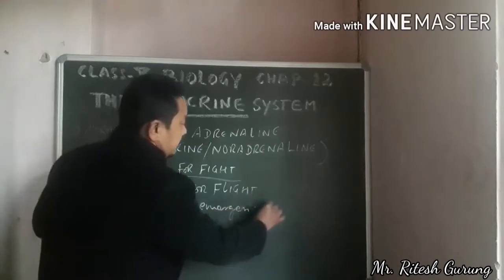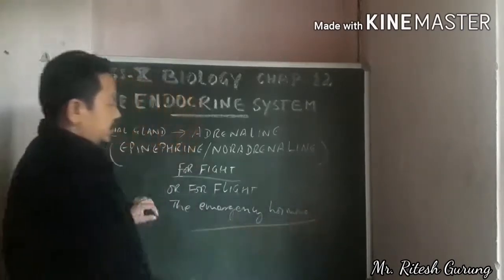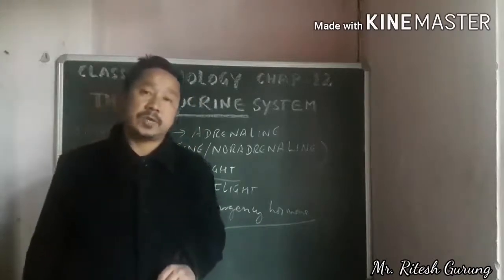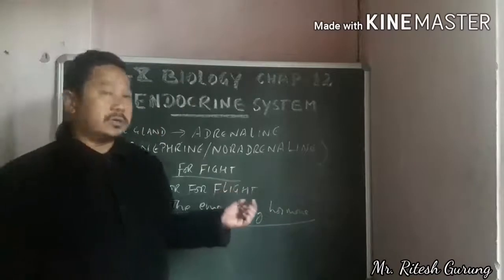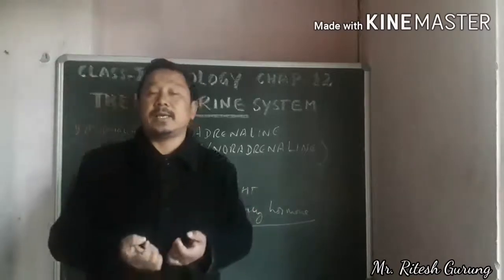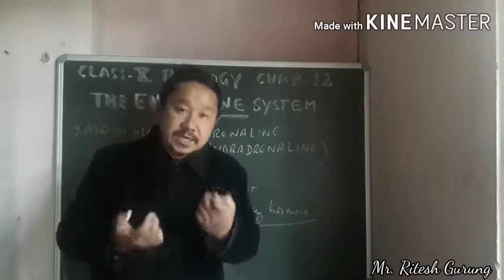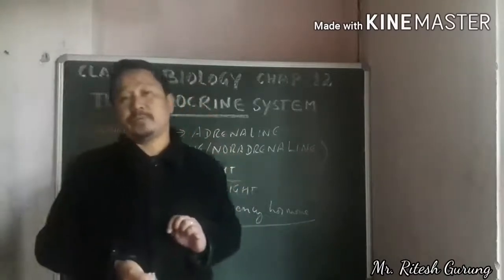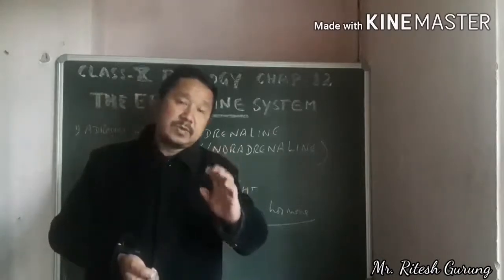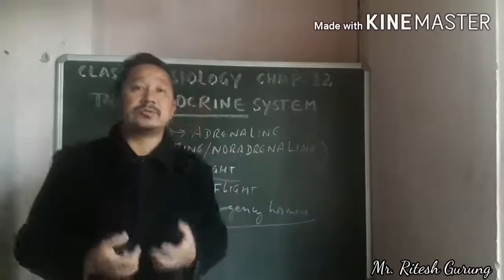During such emergencies, extra energy is produced in the body. Extra strength is formed in the body under the influence of this hormone. Because you are in danger, you have to somehow save your life.